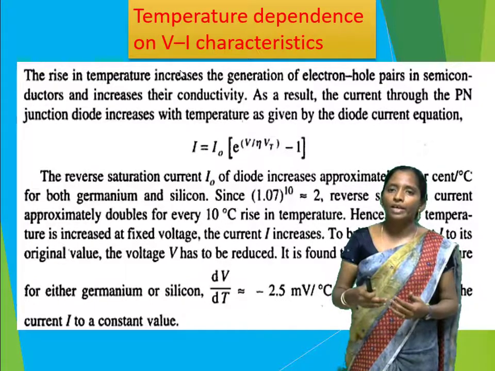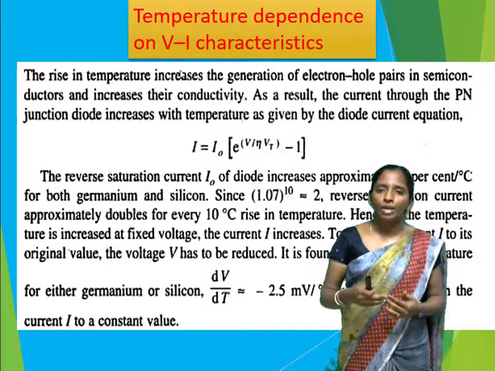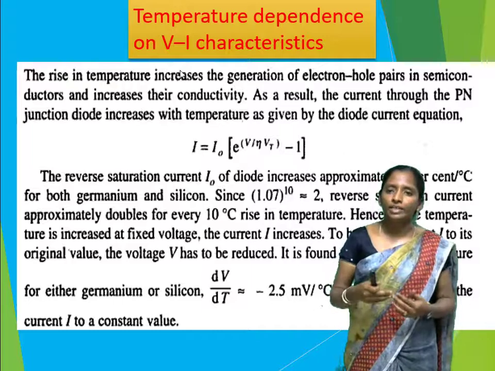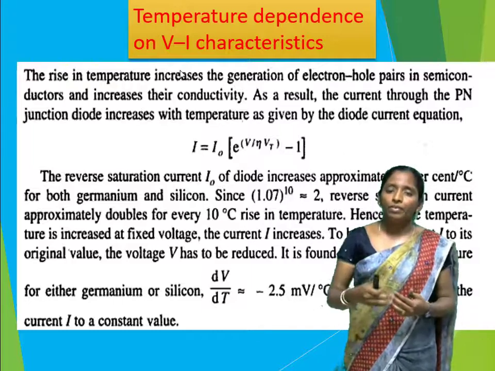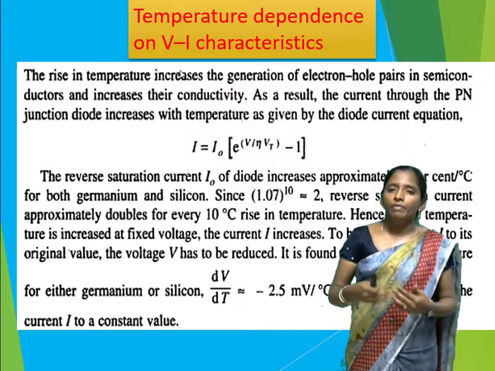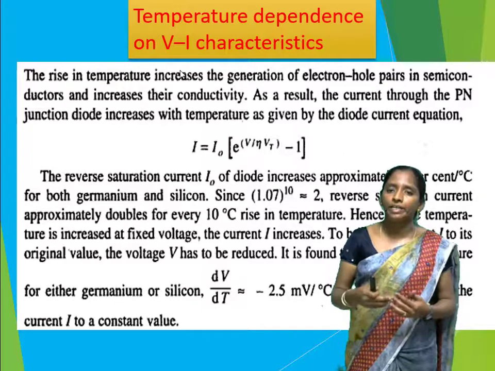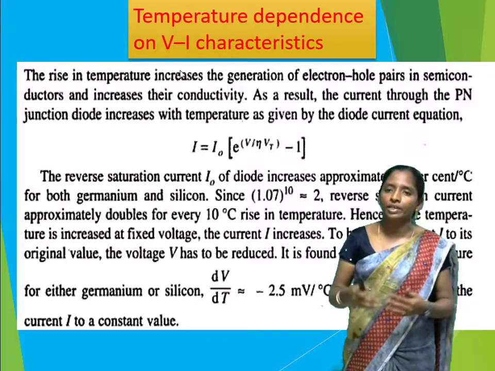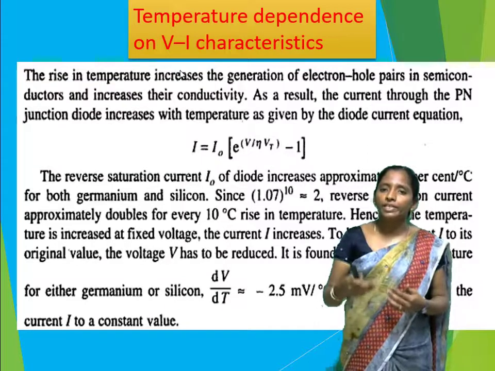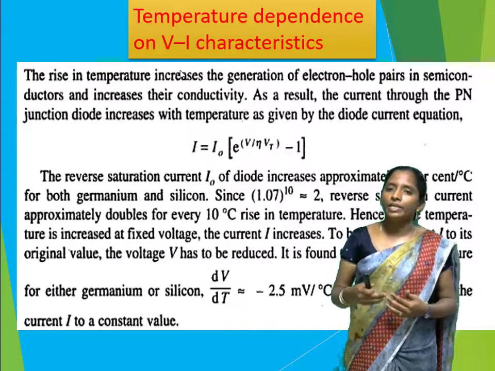For example, if the starting reverse current is 2 microamperes, after the temperature rises by 10 degrees centigrade, the reverse saturation current will be 2 into 2, totally 4 microamps. So for every 10 degrees centigrade increase in temperature, the current doubles. Hence, if the temperature is increasing at a fixed voltage, the current also increases.